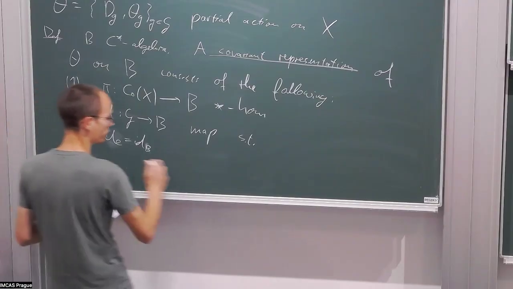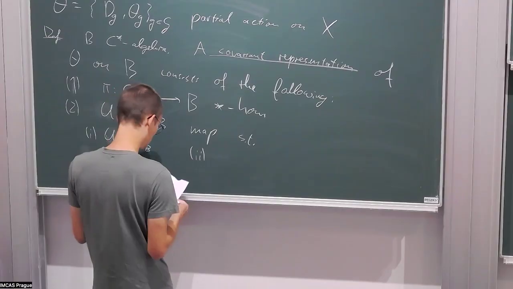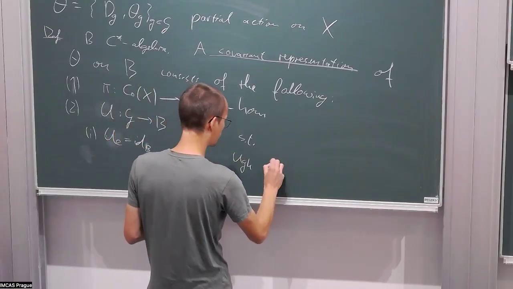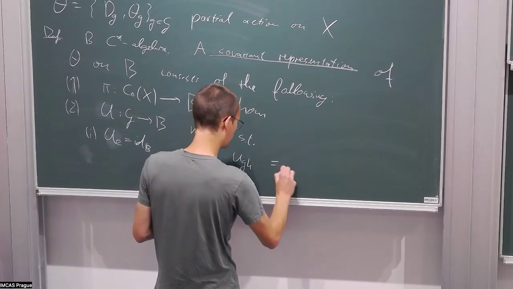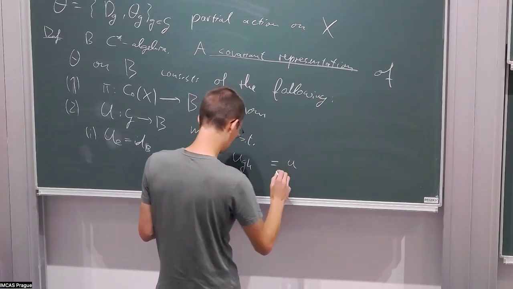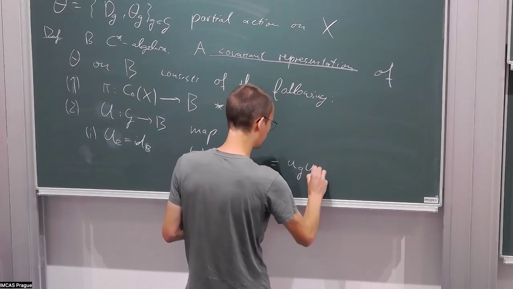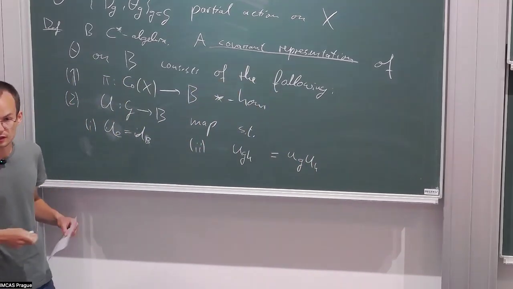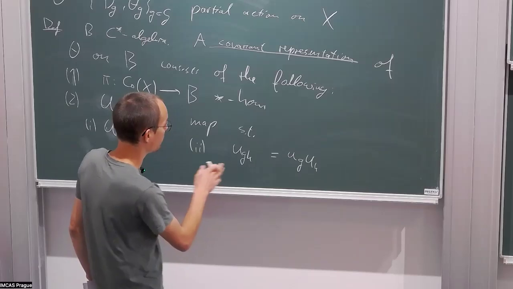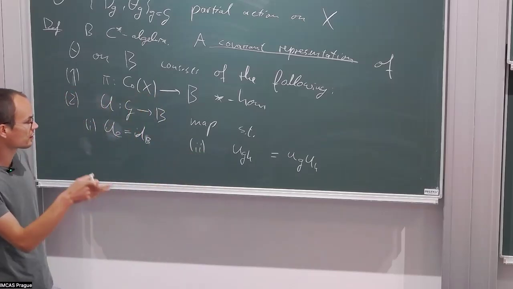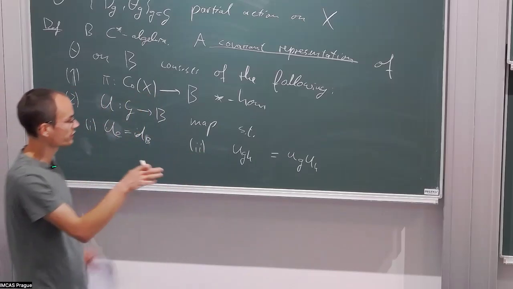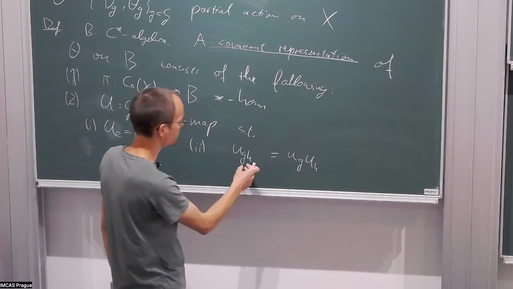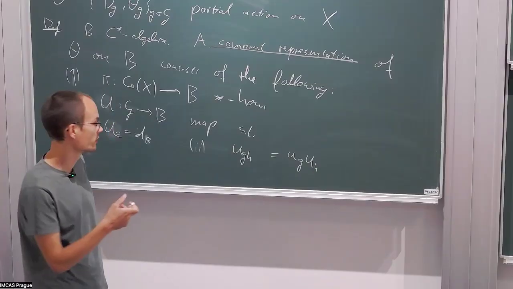Secondly, and now it gets a bit more interesting. What you would usually ask for is that U_GH is equal to U_G times U_H, right? So you would want this map to be a group homomorphism. But in this case, we will see an example of this in the end. Because everything is only partially defined, this might not quite be equal because there might be some domain issues.